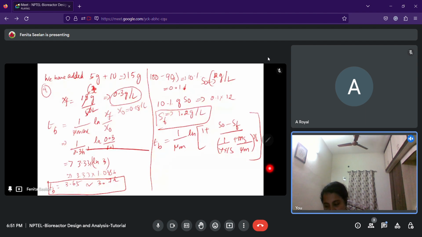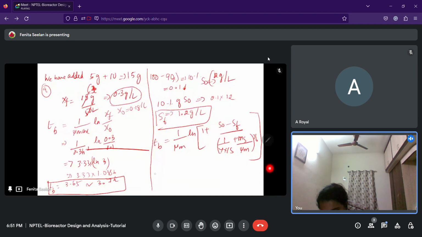We know all the values given here. If we substitute them, we will get the time required for 90% conversion of your substrate.